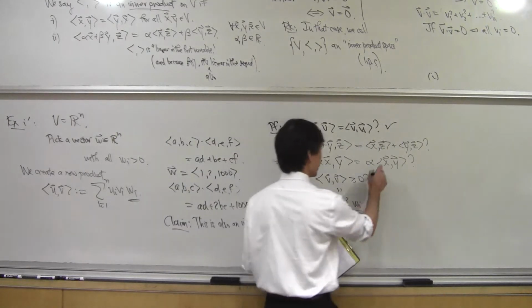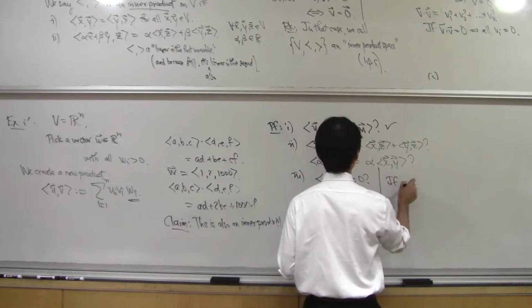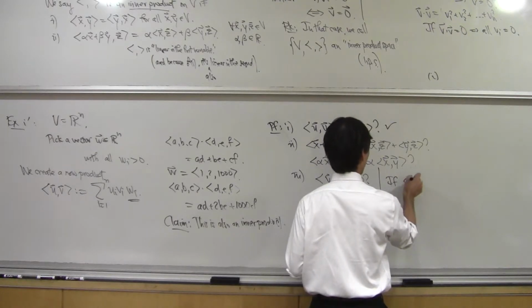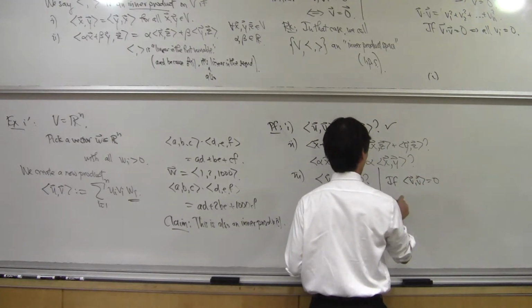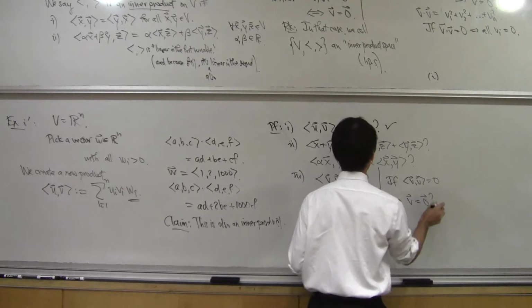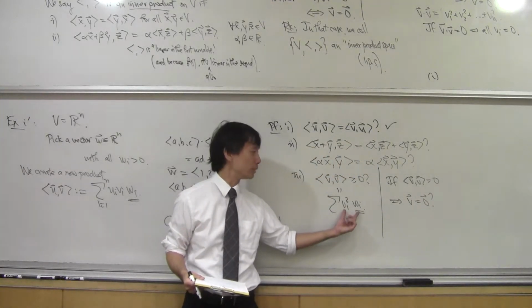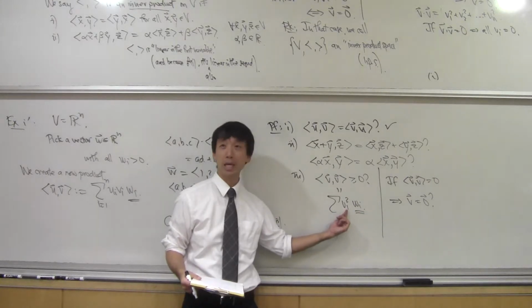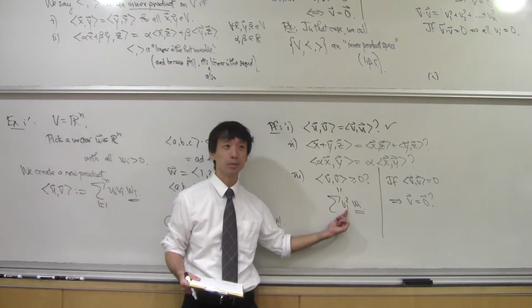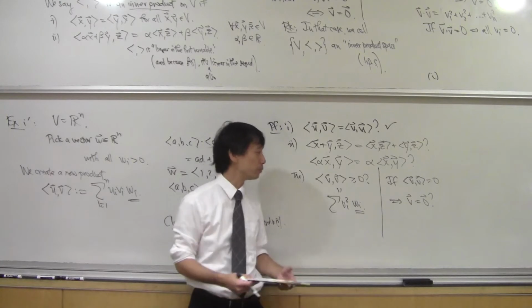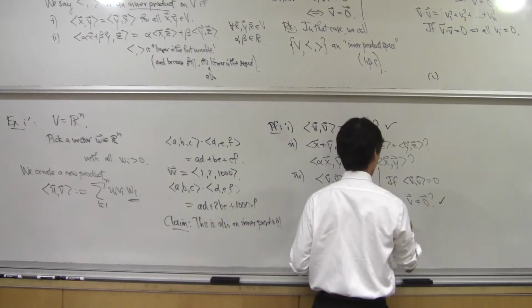Is it true that if ⟨V, V⟩ equals 0, then V must be the 0 vector? Sure, same reasoning. If this equals 0, that means all the v_i must have been 0. Same argument.